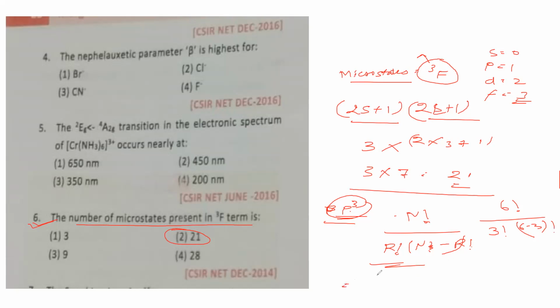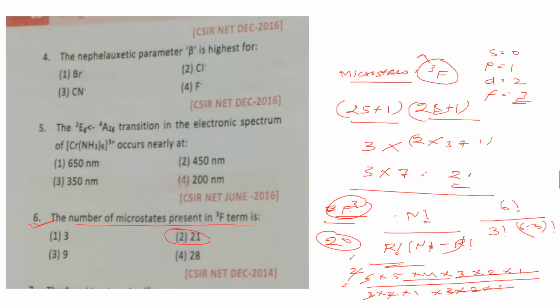Now we have to solve it. So how can we solve it? 6 5 4 3 2 1 divided by 3 2 1, and 6 minus 3 is equal to 3, so 3 2 1. So 3 2 1 and 3 2 1 cancel, 3 2 is 6, 2 times, the 2 cancels down, and 5 into 4. So that's why for p3 the microstates would be 20.